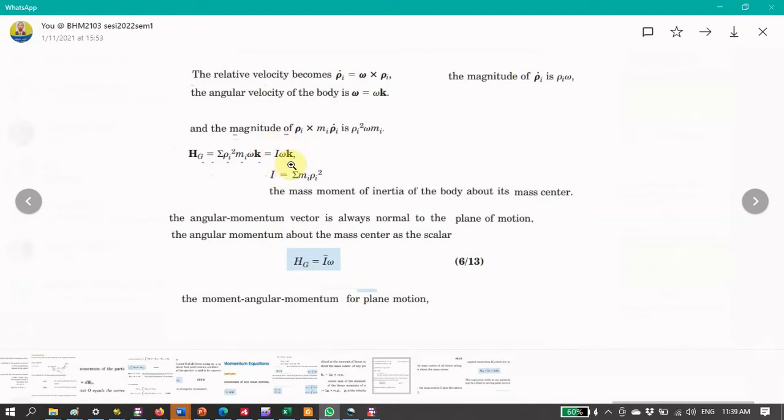This is because we are considering only plane motion in the vertical plane. So this equation 6.13 will be used throughout the topics.